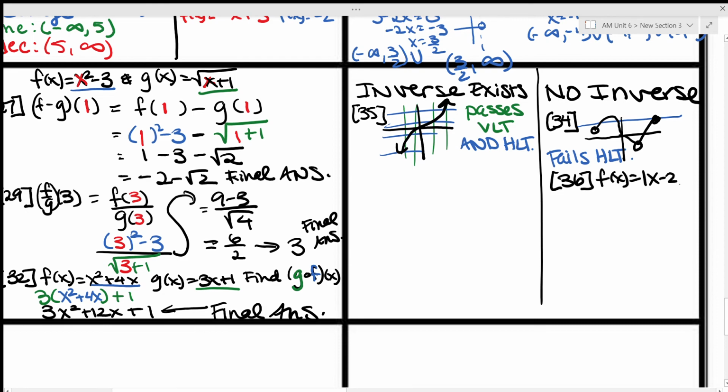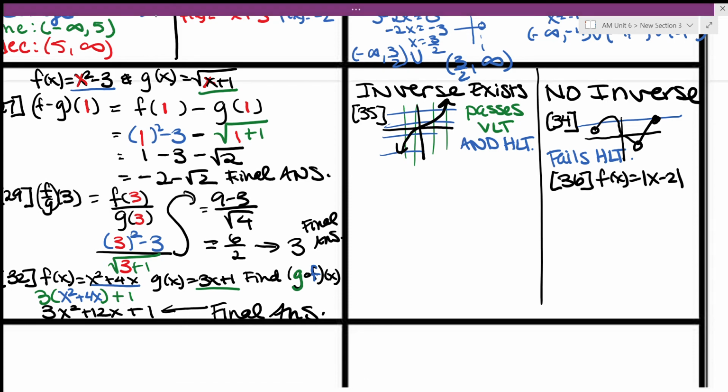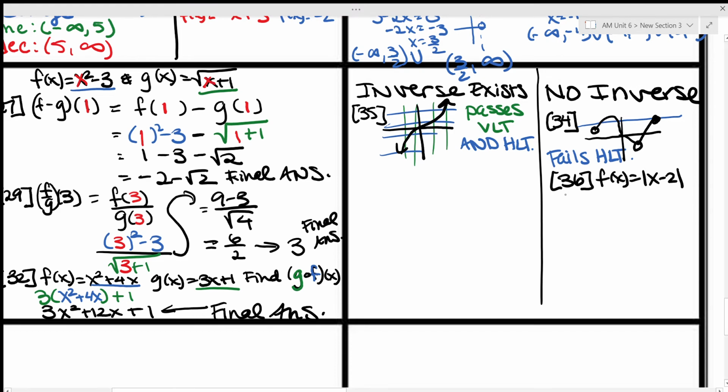Horizontal line test. Yes, it fails the horizontal line test. And we know that because the absolute value is a V. So that's 2. Okay, good.